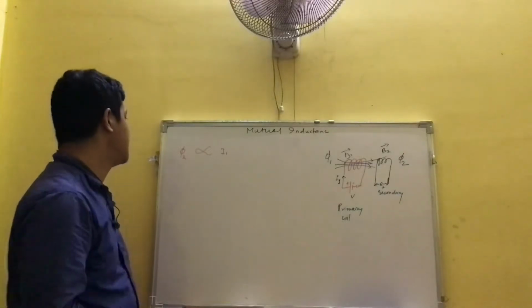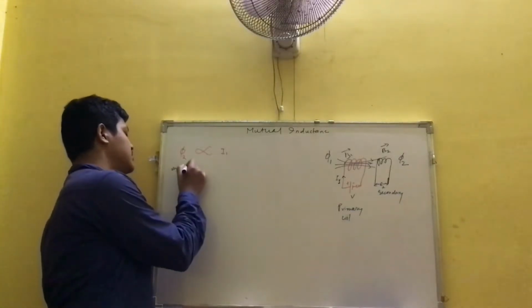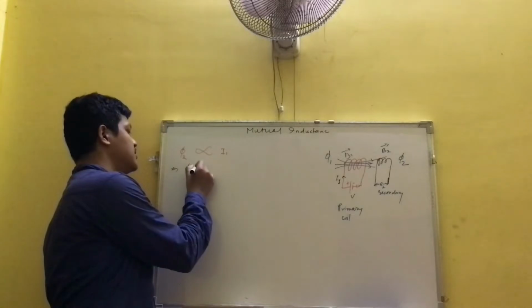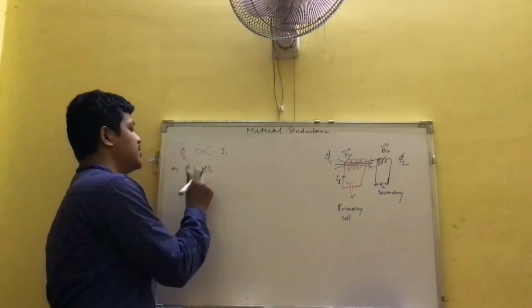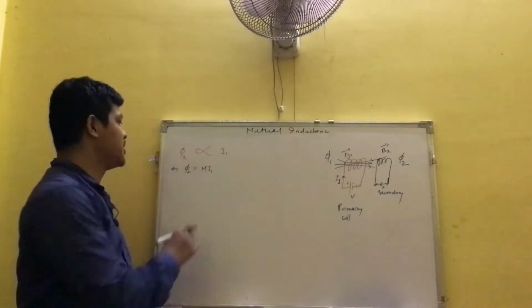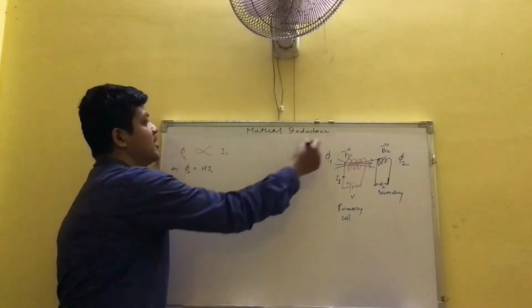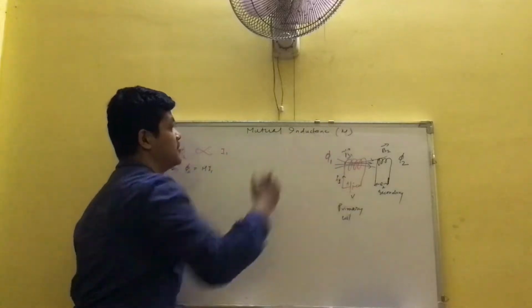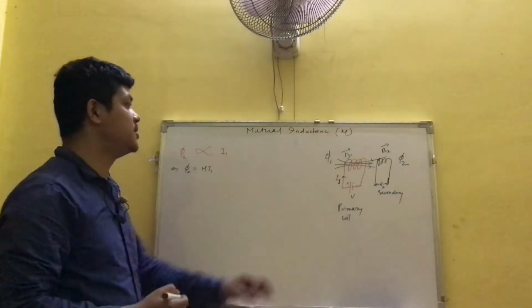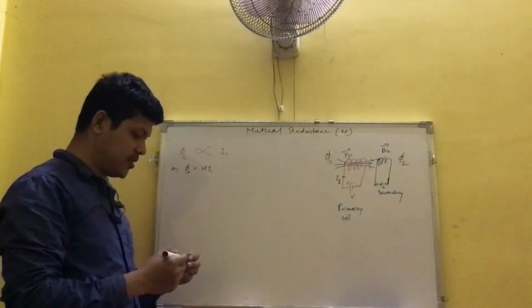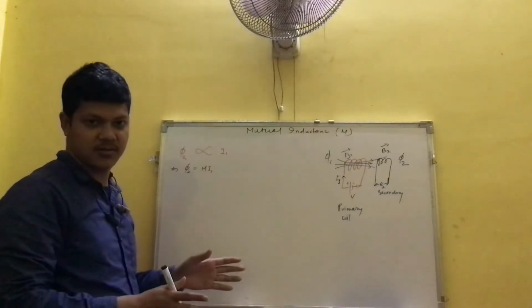So we need a constant here to make it equal. Phi 2 is equal to M I1. So M is nothing but mutual inductance. This is M, mutual inductance, and this process is mutual induction, right?